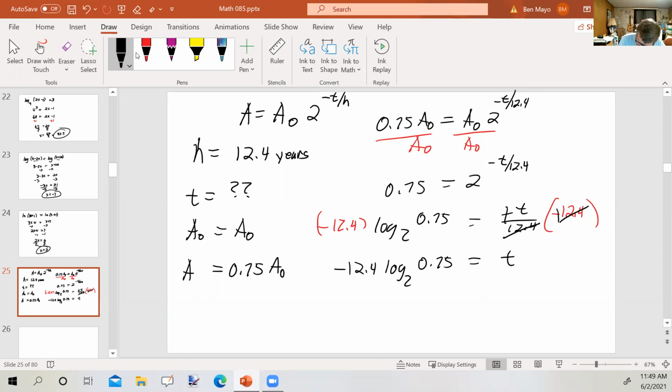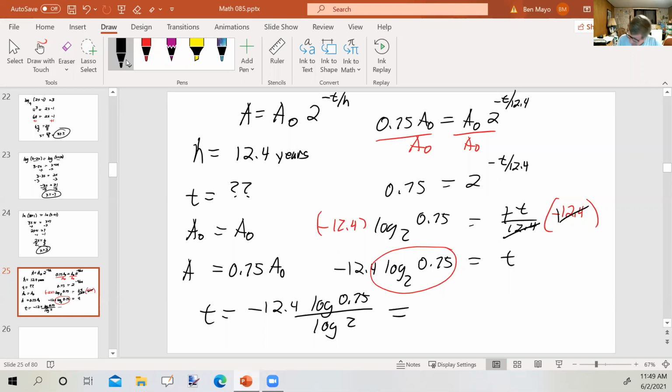I'm going to rewrite this with t on the left because I still need to use the change of base formula on this piece. So I'm going to write log base 10 of 0.75 divided by log base 10 of 2. And that's what I'm going to punch into the calculator. Negative 12.4 log of 0.75, close it up, divided by log of 2.